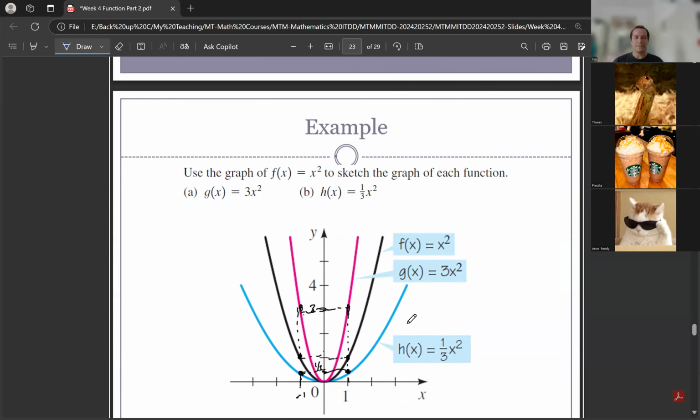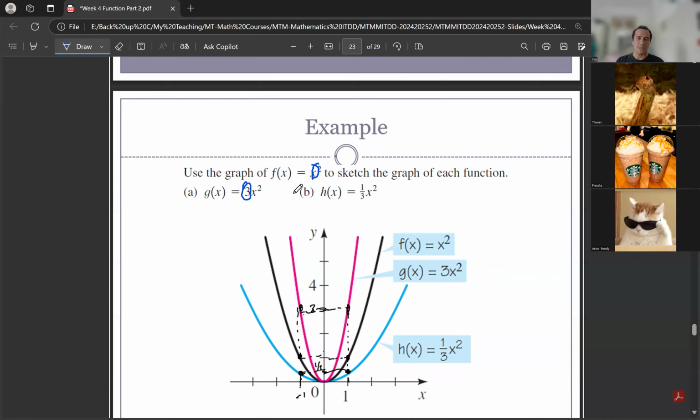This is the illustration of vertical stretching and vertical shrinking. The original is x squared, and we multiply by 3.